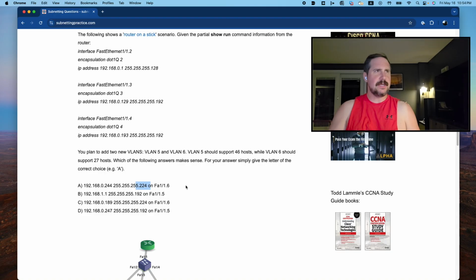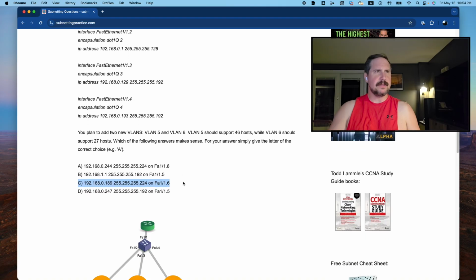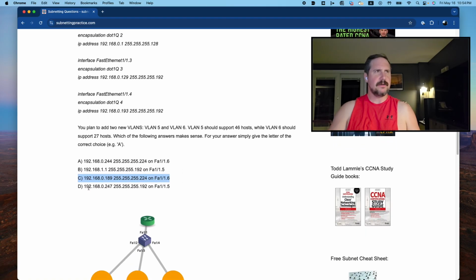So option C is 192.168.0.189. Again, with a block size of 32, it also kind of seems to make sense, but I'm not sure.